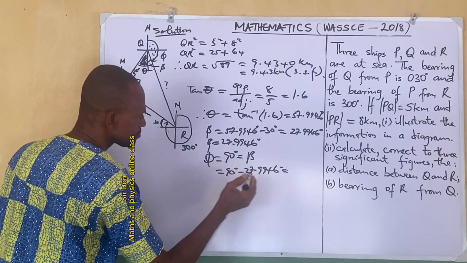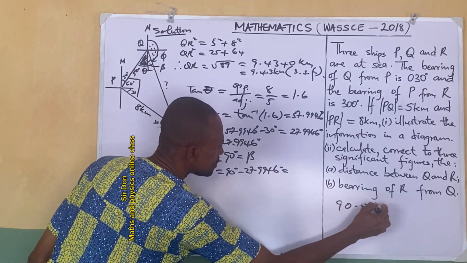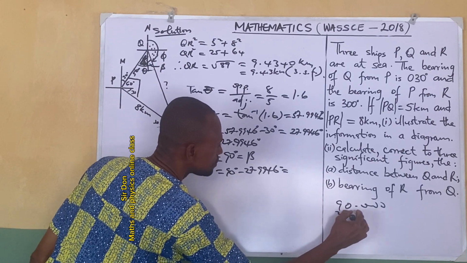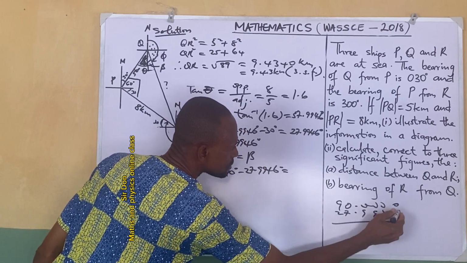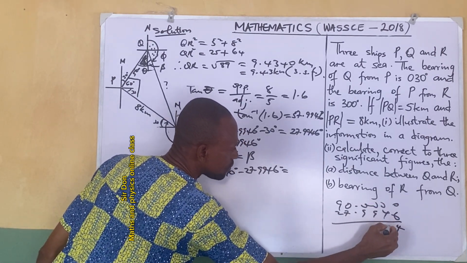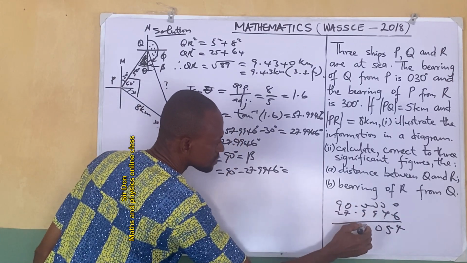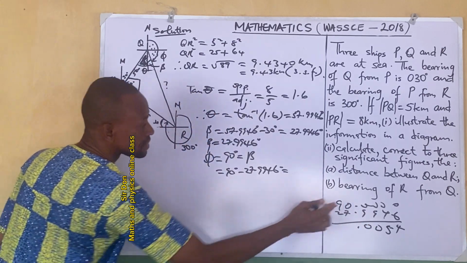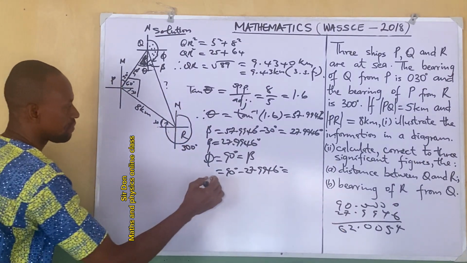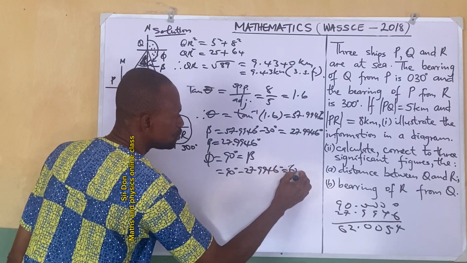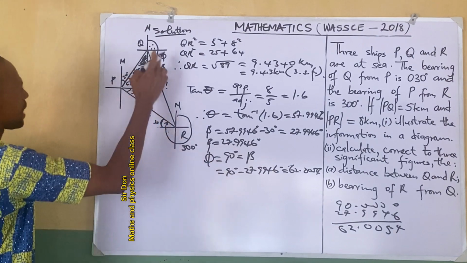Let us do the arithmetic: 90.0000 minus 27.9946 equals 62.0054 degrees. That is our phi.